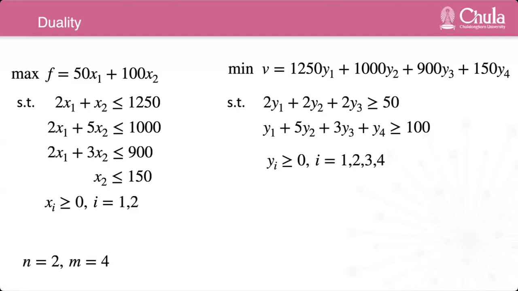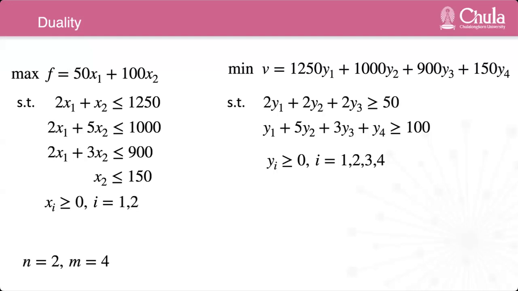And we have these constraints. 2x1 plus x2 lesser or equal 1,250. 2x1 plus 5x2 lesser than or equal 1,000. 2x1 plus 3x2 lesser than or equal 900. x2 lesser than or equal 150. And all of these variables must be non-negative.